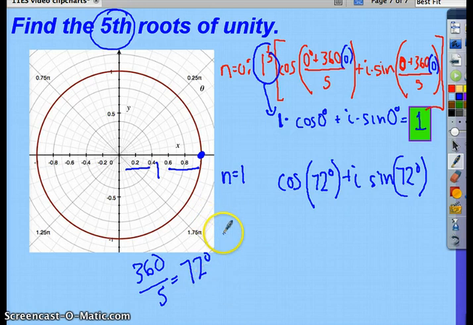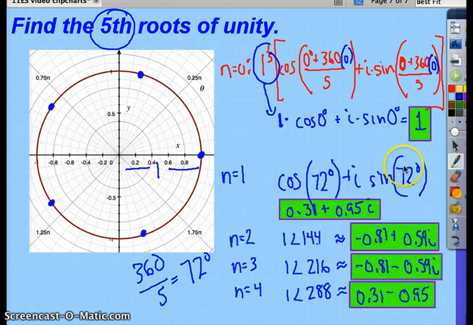So what you should find is, okay, I've finished this here. I've done this for n equals 2, 3, and 4. Used my calculator, just adding 72 degrees to each angle. I've plotted my complex points.